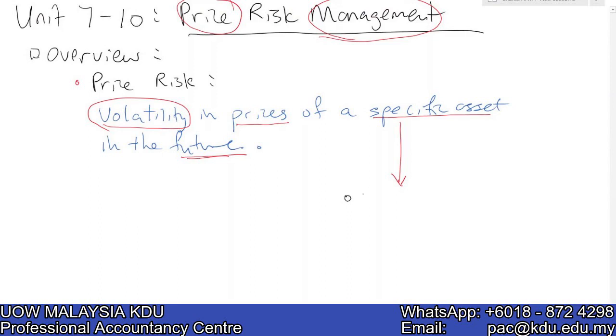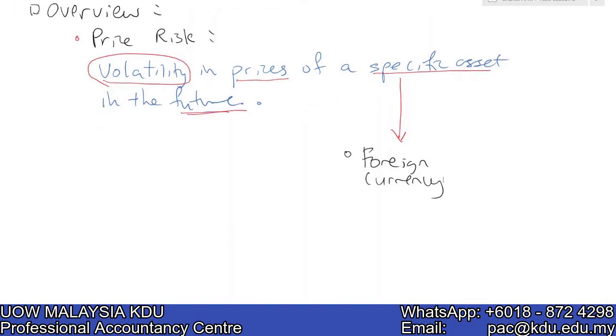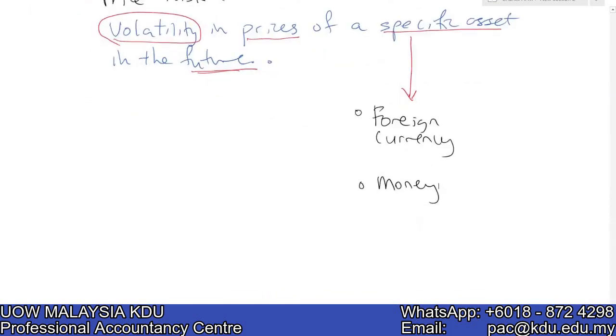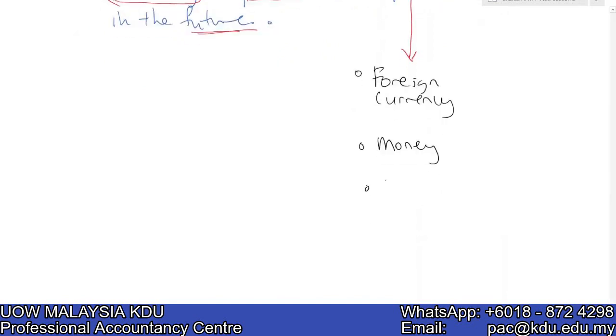Firstly, foreign currency. That is the first asset we're looking at. The second type of asset we are looking at in the syllabus is money. The third and final one in the syllabus of AFM is shares, ordinary shares in particular of a company.